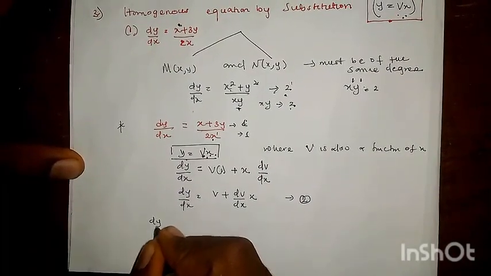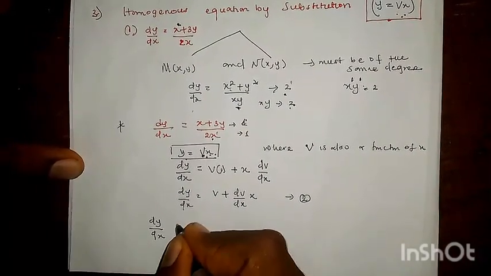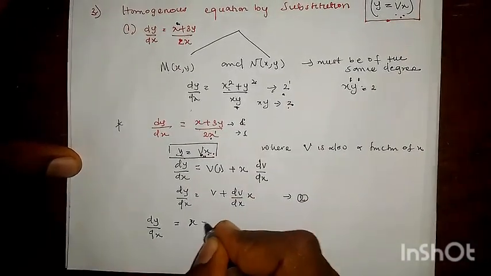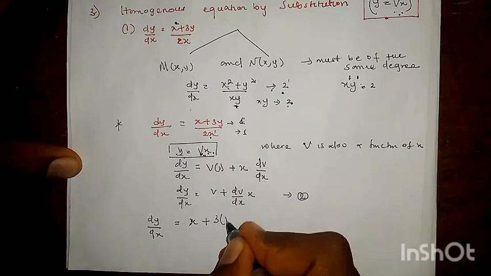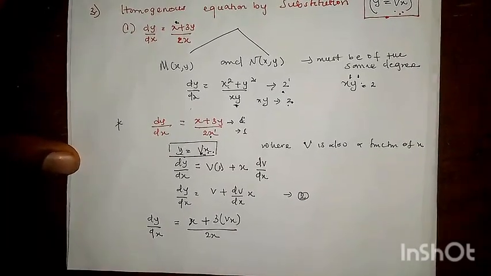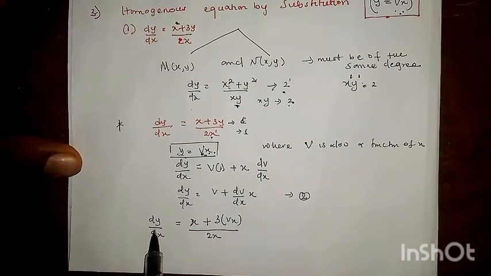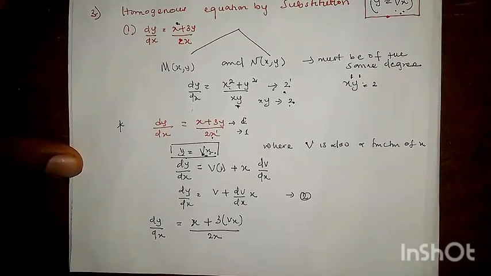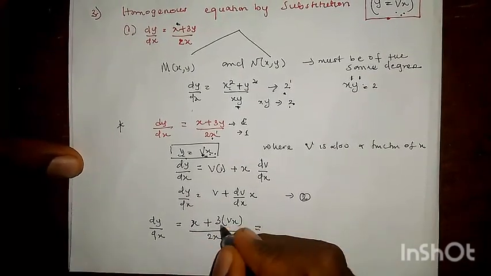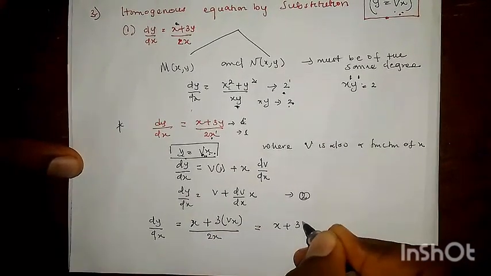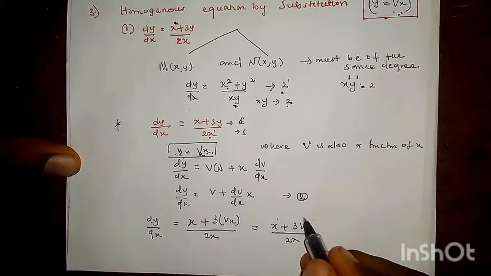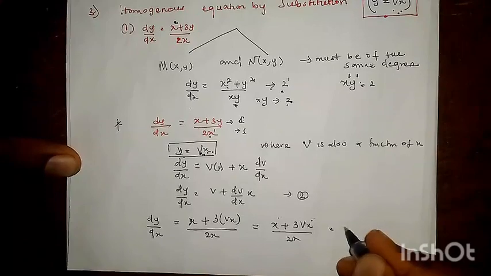So I have dy/dx is equal to, anywhere I see y, I put vx. So this is (x plus 3vx) over 2x. Since x is common in both terms of the numerator, I factor out x.